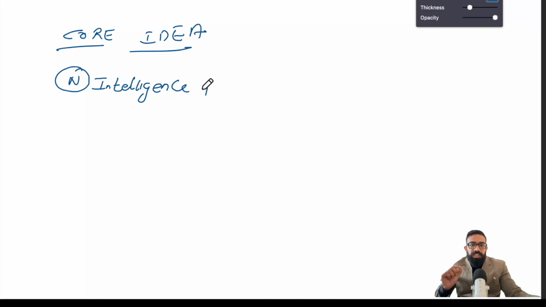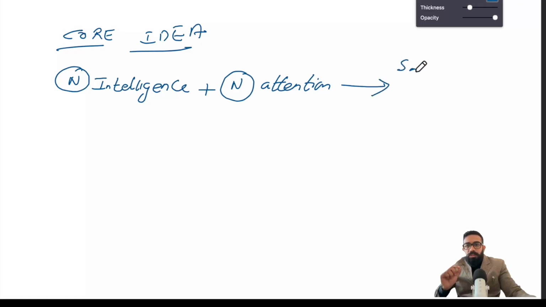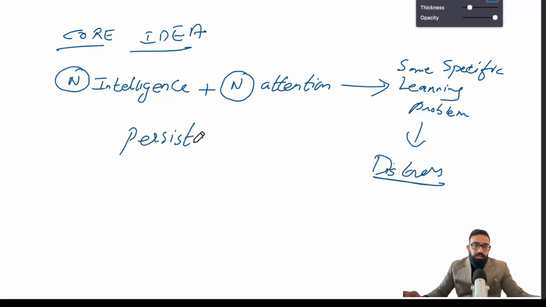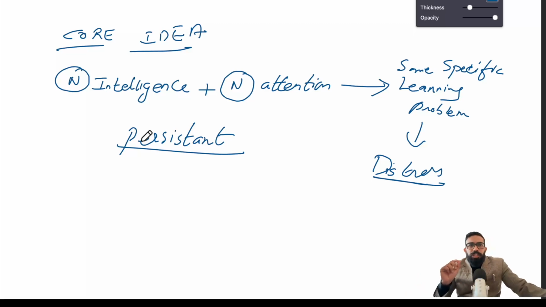Somewhere the vignette is going to give you this clue that he has normal intelligence, normal attention, but he has some specific learning problem, and this problem is causing distress, and this problem is persistent. This is the idea which you should know: the IQ is normal, attention is normal, there is some problem in the specific learning.